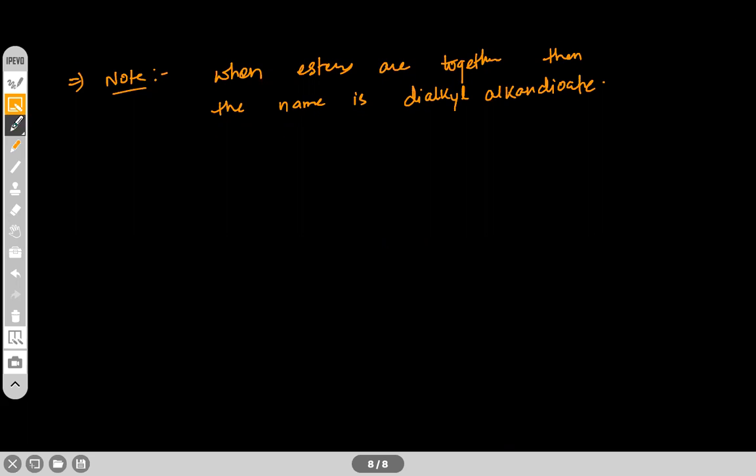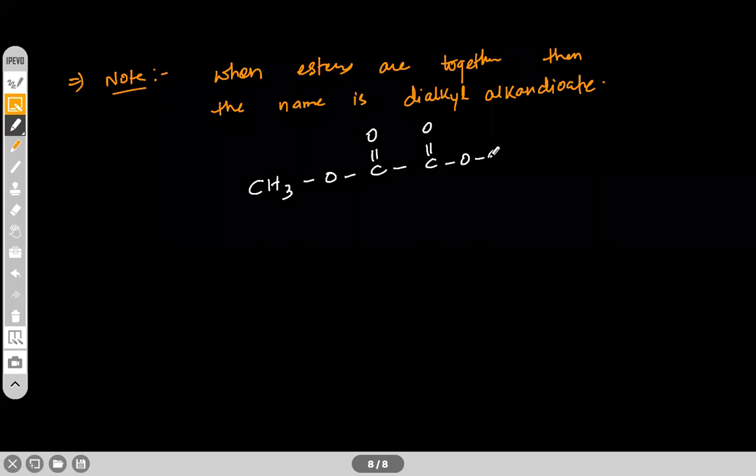Correct? So, for example, if the molecule is CH3, O C double bond O. And this side we have C double bond O, OCH3. Okay?